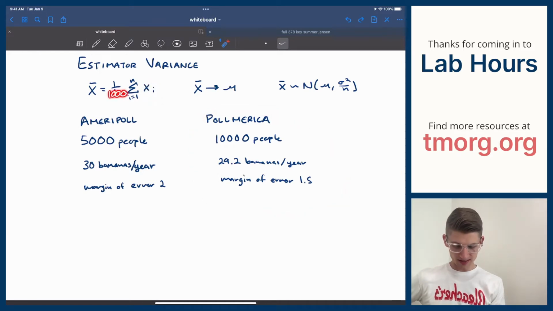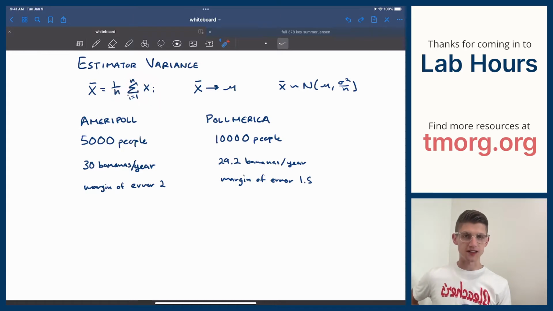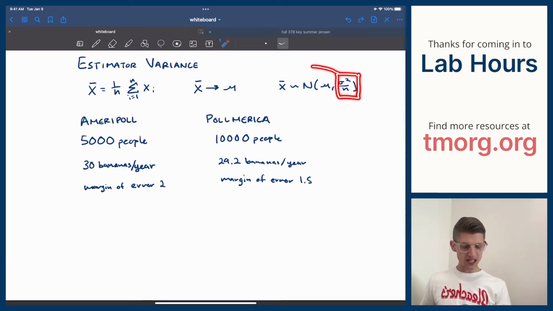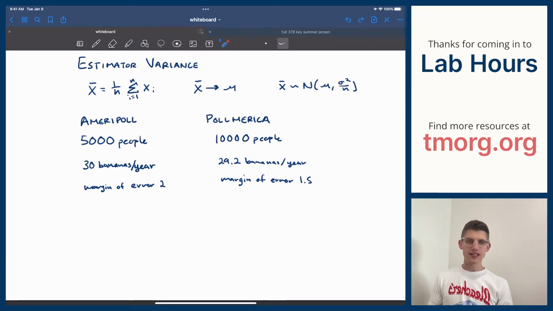They also have 10,000 as their n, but all their xi are probably different. So what they're trying to say is that we found this estimate for an average. We found 30, but we also need to deal with the fact that there is variance in our estimator.